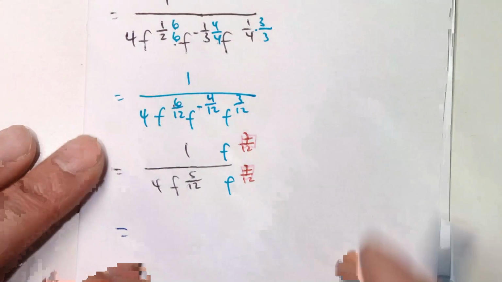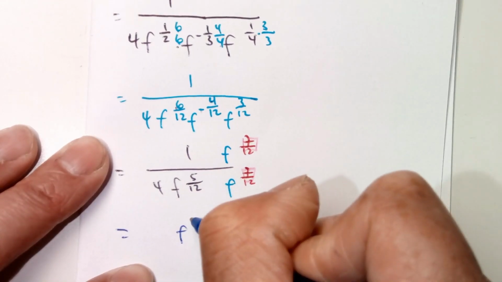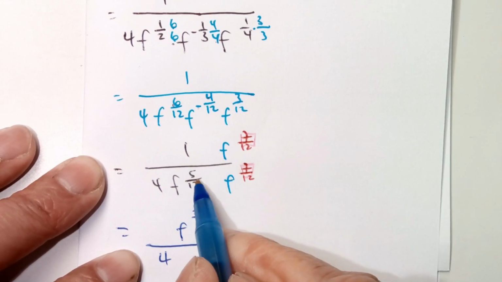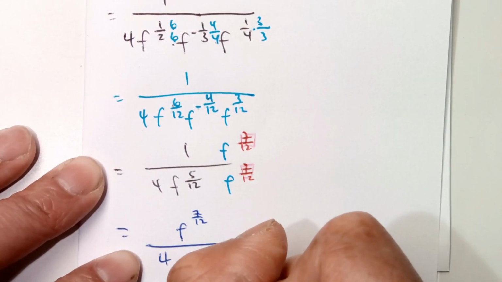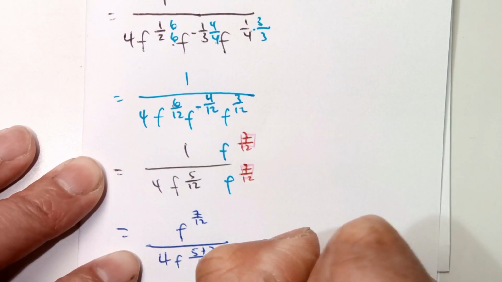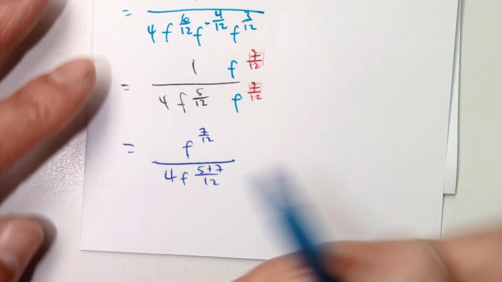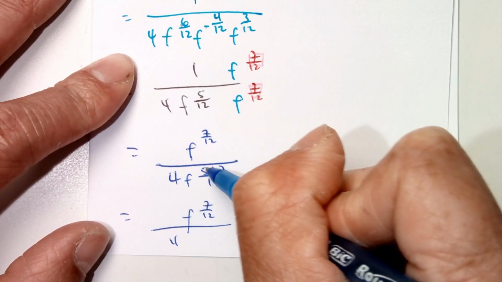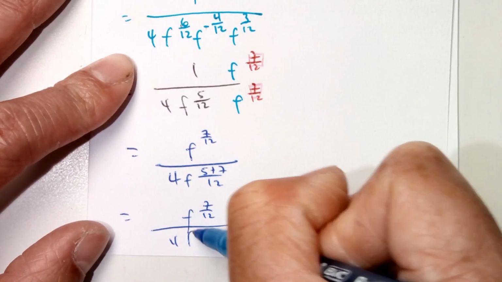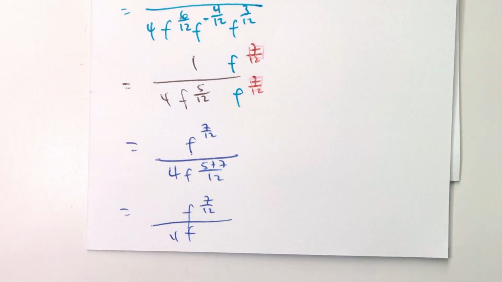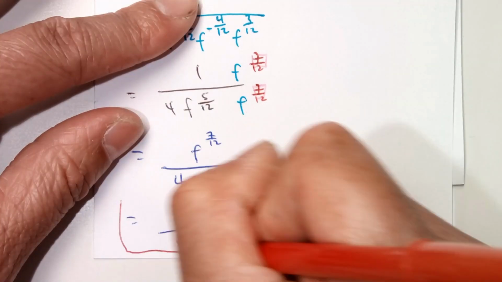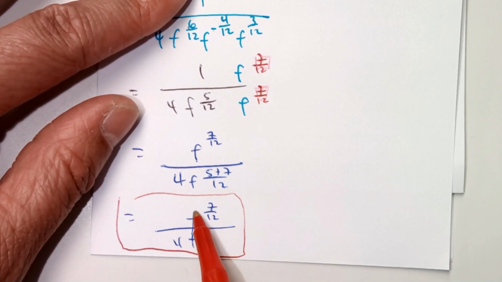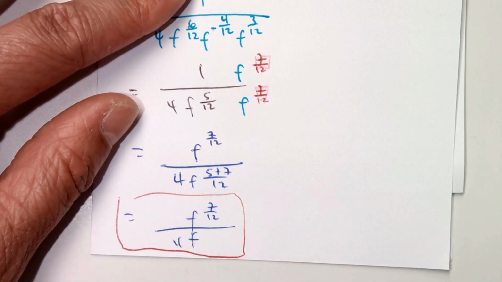Let's go ahead and simplify that. So now I have f to the 7 twelfths and denominator of 4f. Then 5 plus 7 is 12. And 12 over 12 is just 1. And that's your answer. And let's box it. And don't think you can simplify the f's. You can't cancel them. No.